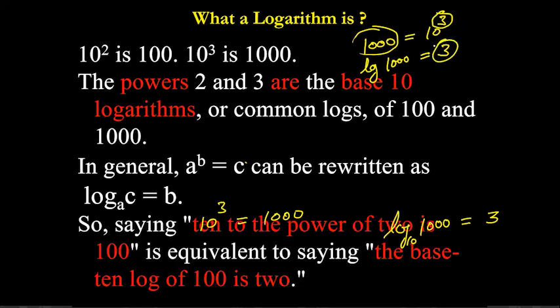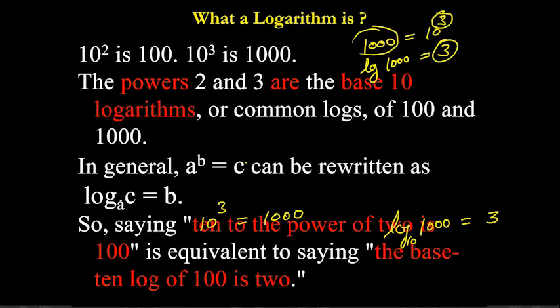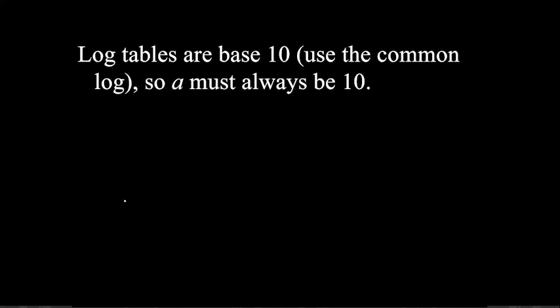How do you see it on the logarithmic table? That is something we will be talking about. Log tables are base 10, so a must always be 10. There is a relationship between log base 10 and log base e. Suppose you have been given log base e.